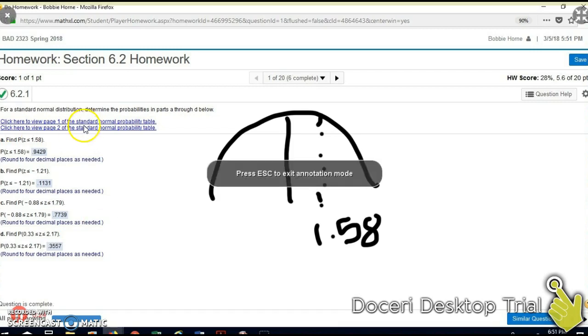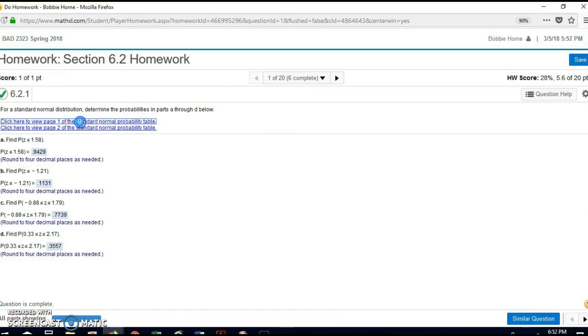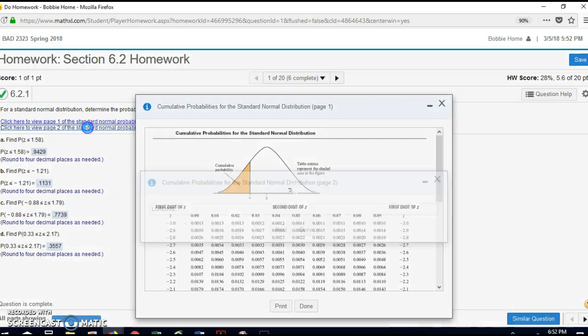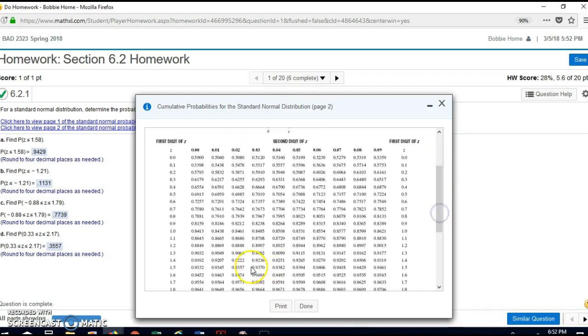So what you can do is go to your table, the positive table, and go to 1.5, and then 1.58, and it's 0.9429.